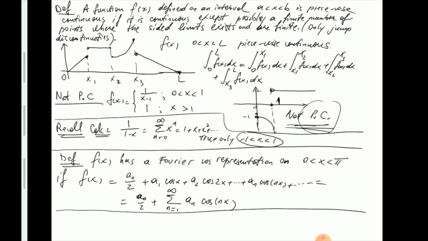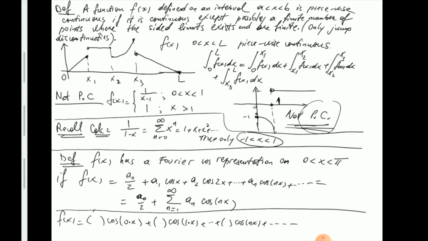Okay, so basically, when I say a Fourier cosine representation, I mean that I want the function f of x to be written as a linear combination, with coefficients to be determined, of the functions cosine of 0 times x, cosine of 1 times x, cosine of nx, and so on.